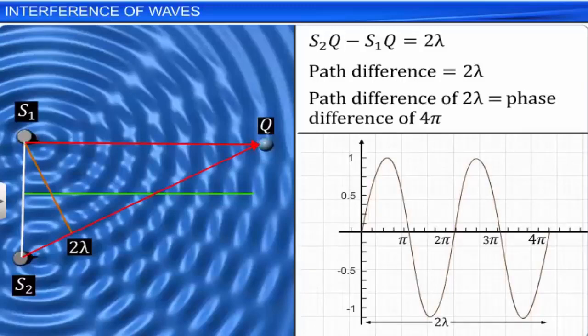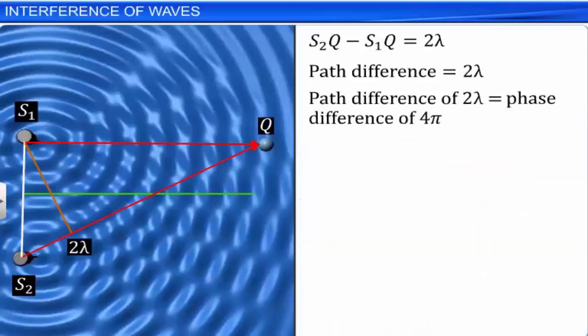If the displacement produced at the point Q due to the waves from S1 is given by y1 = a cos omega t, then the displacement produced by waves from S2 is represented by y2 = a cos(omega t minus 4 pi).